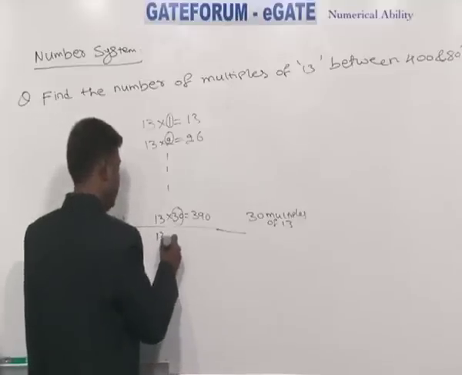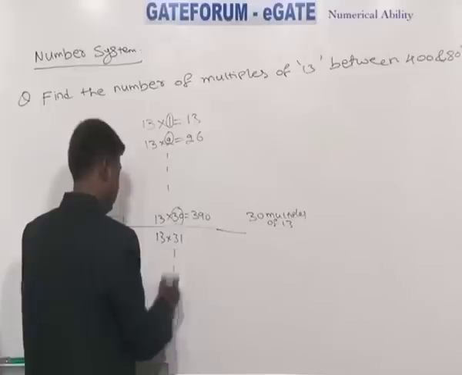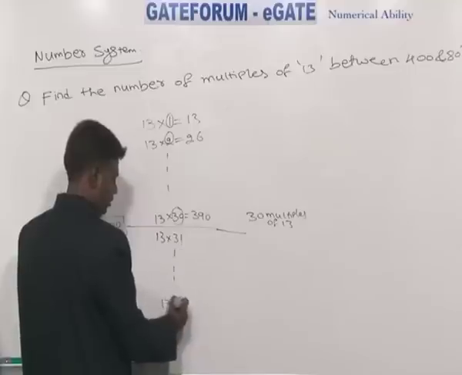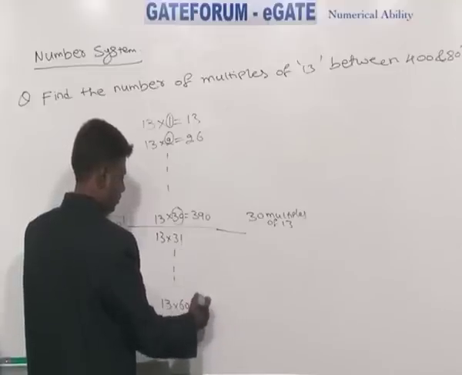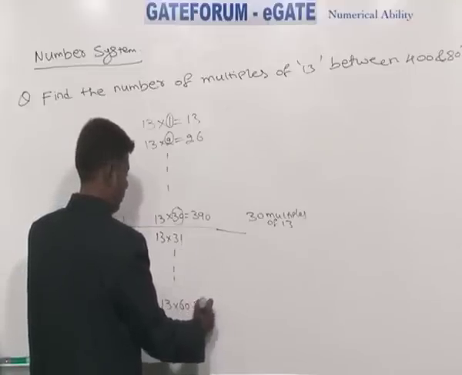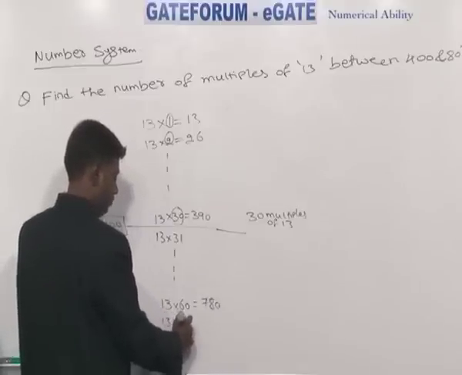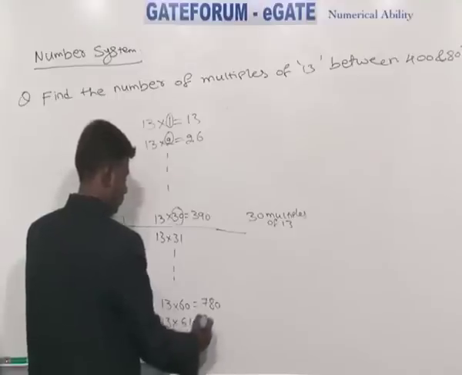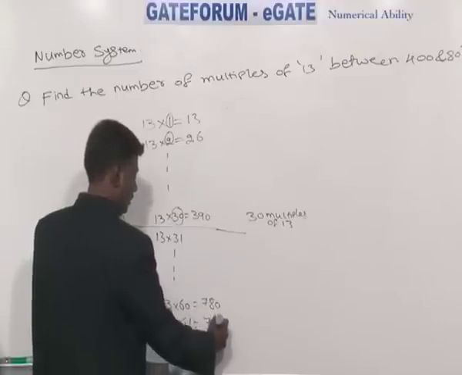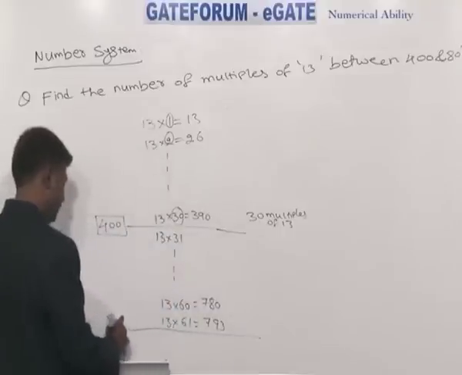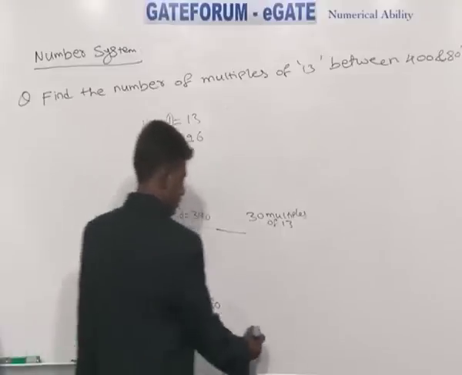Similarly, if you consider 13 into 31 till, let us say, 13 into 60, that will give you 780. You have one more multiple, 13 into 61. You get 793, so less than 800. How many multiples are there?